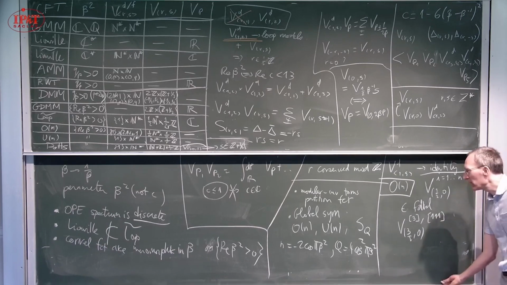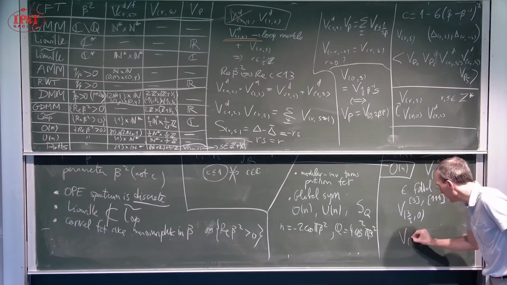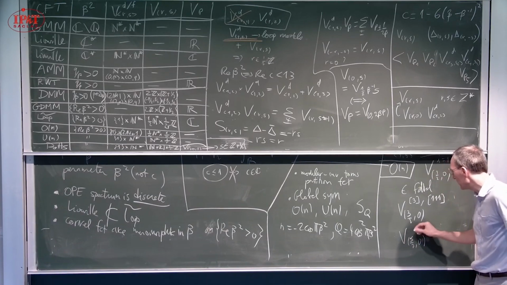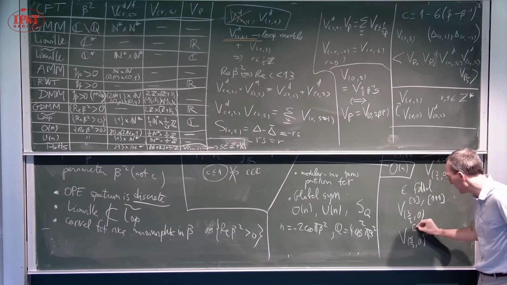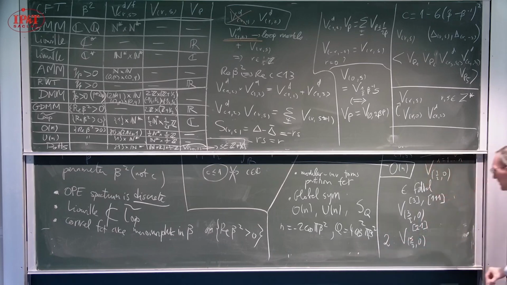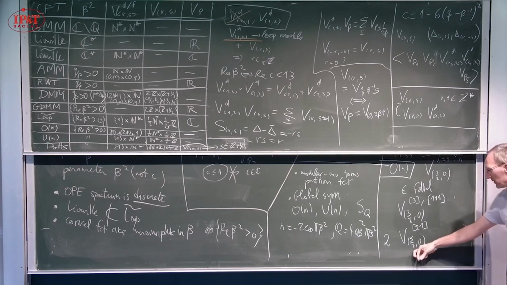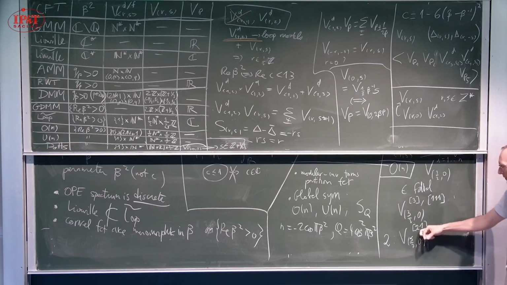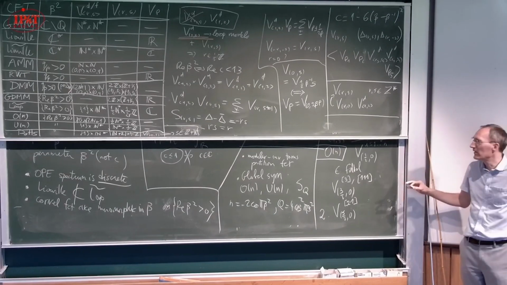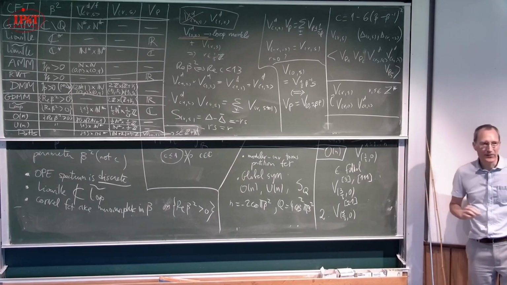And it can even get worse. If you consider V_{5/2,0}, well, you have plenty of representations here which can appear, but one of them here comes with multiplicity 2. So in this model, you have two different fields, but which transform the same for the Virasoro conformal symmetry, and also the same for O(n). But okay, that's not really our subject. Here we will stay focused on the conformal side of things.